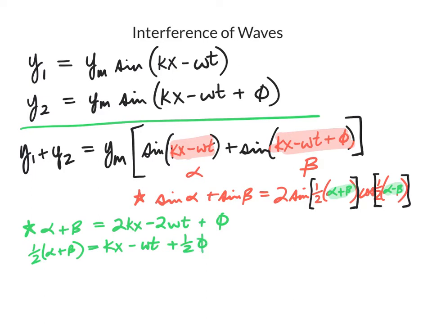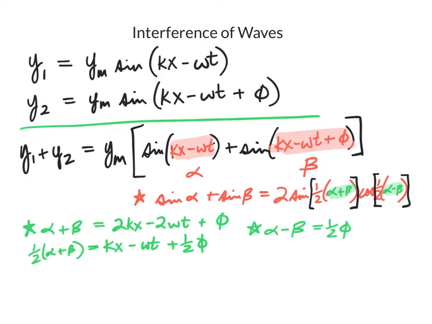All right? And alpha minus beta, well, I have a kx minus a kx. That's no kx. I have a minus omega t minus a minus omega t, which is no omega t. Okay? And that just leaves me with 1/2 phi.